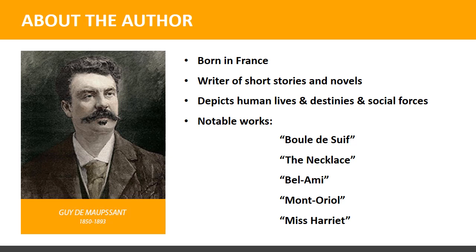Let's talk about the author. The author is Guy de Maupassant. Maupassant was a French writer best known for his short stories. He wrote around 300 short stories along with a few novels and travel books.